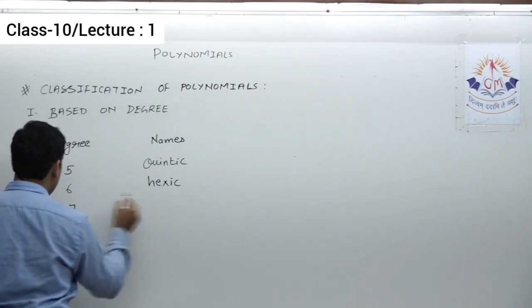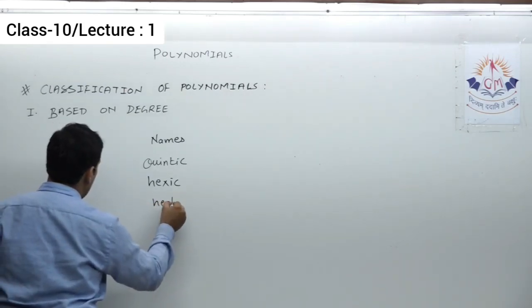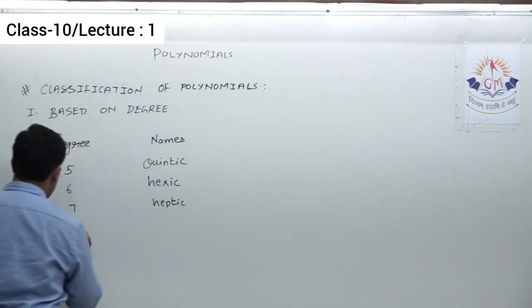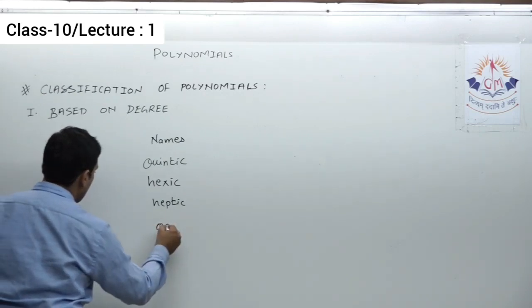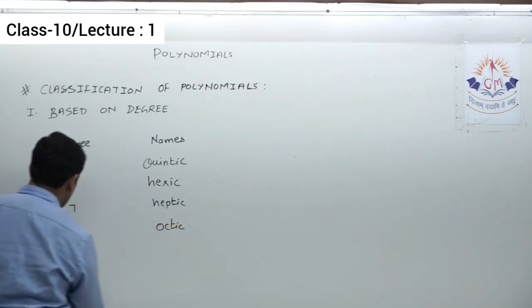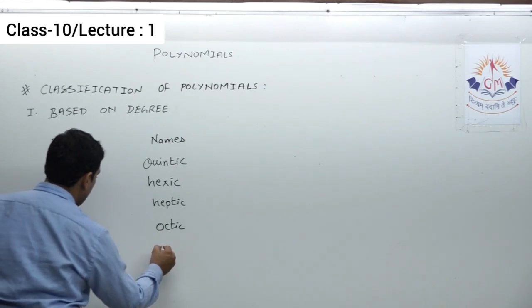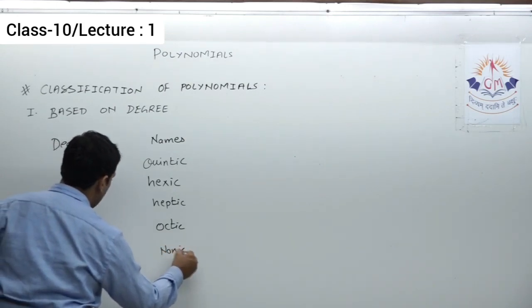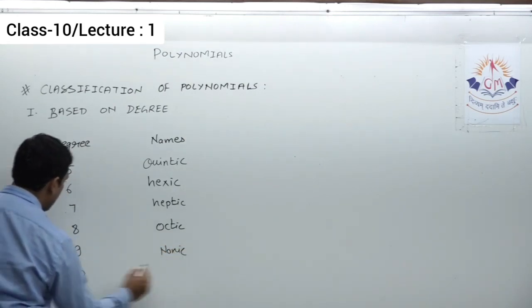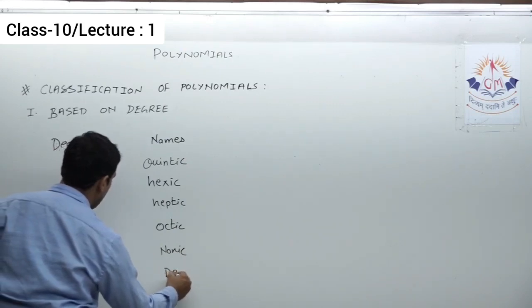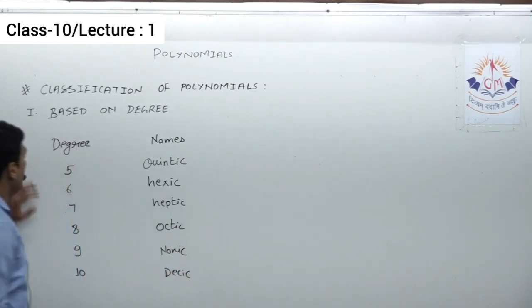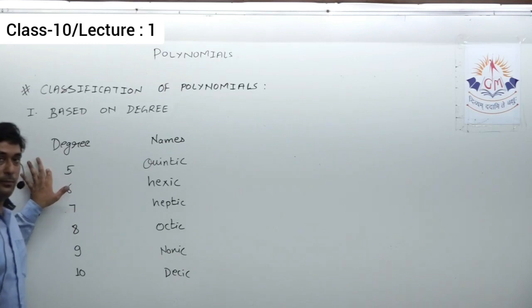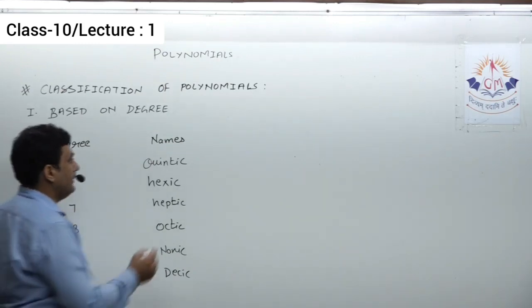If degree is 7, it is known as heptic. If degree is 8, it is known as octic. If degree is 9, it is known as nonic. If degree is 10, it is known as decic. So if a polynomial has degree more than 4, then these are their names.